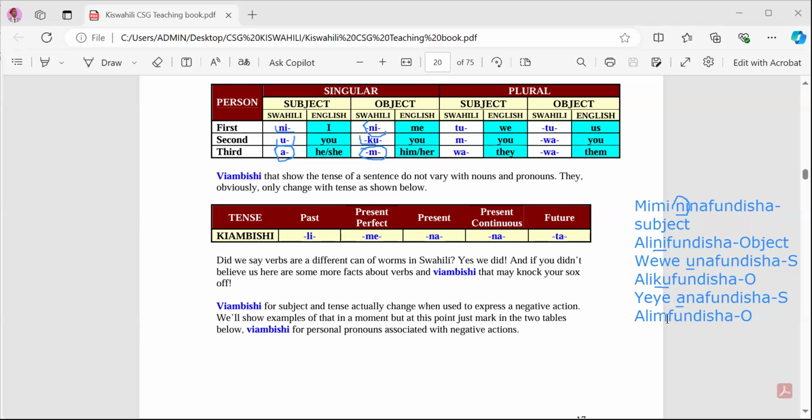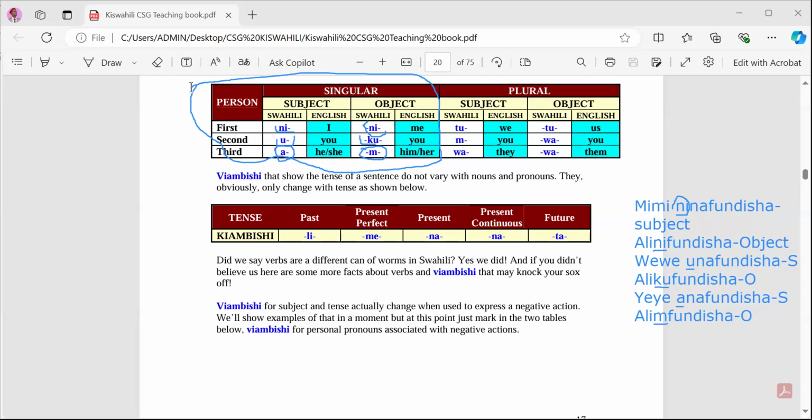And its object prefix will be alimfundisha. Now, that explains this first section of the chart here, in the singular aspect.